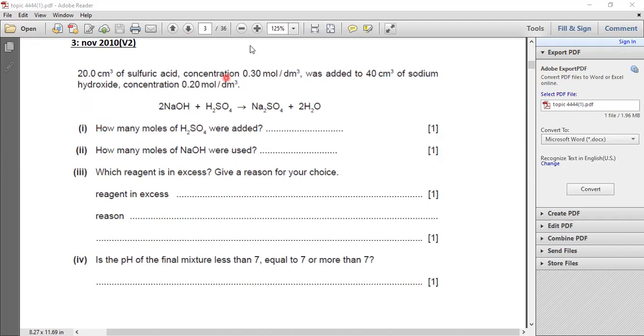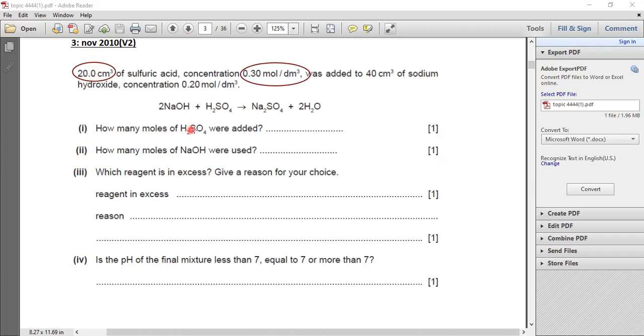We'll use the volume, concentration, mole triangle, because H2SO4 is sulfuric acid and we have its volume and concentration. But we have to make the volume in cubic decimeters, so we divide it by 1000.